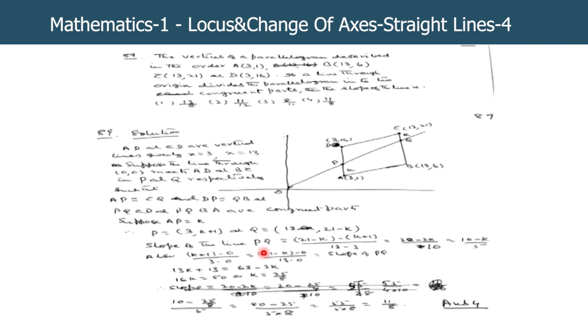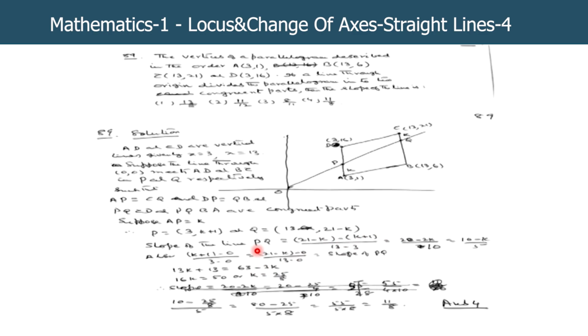Now, the slope of the line PQ, if you substitute, is (K+1-0)/(3-0), and also (21-K-0)/(13-0), equal to the slope of PQ.